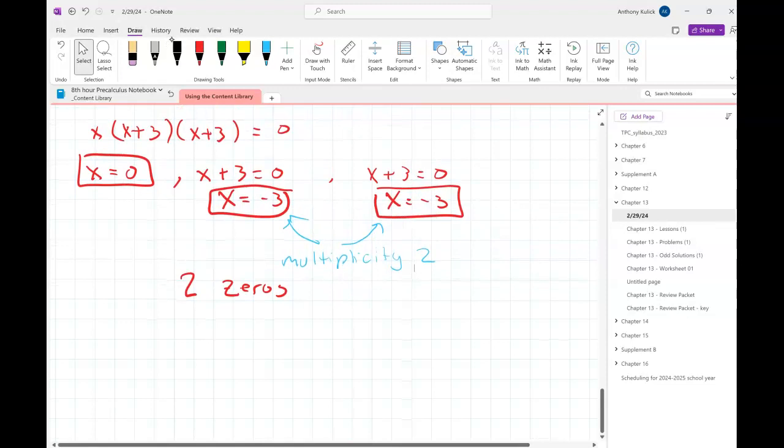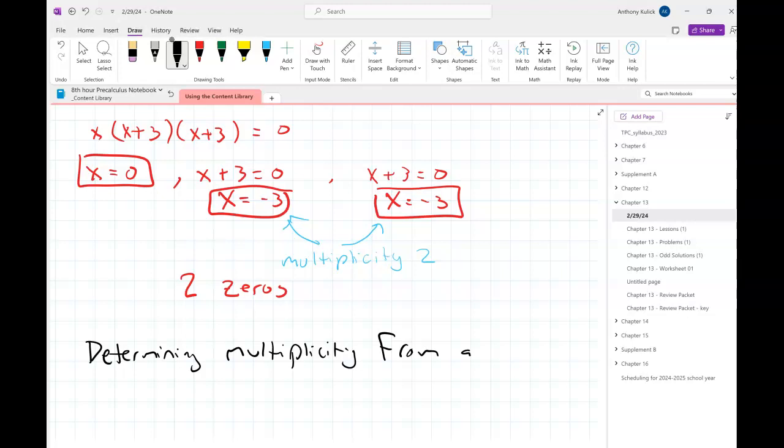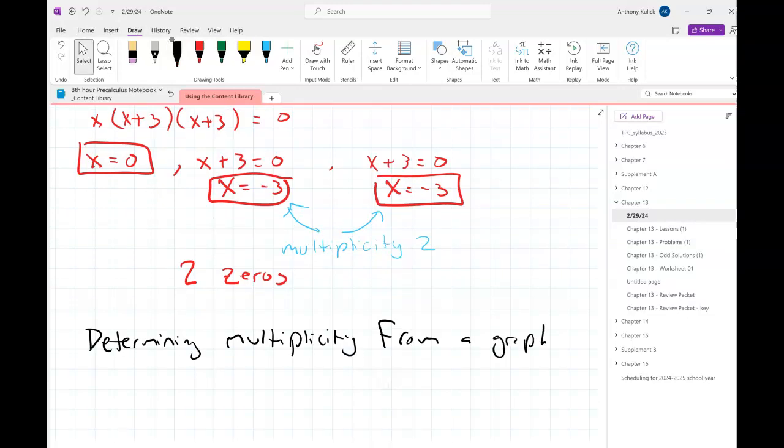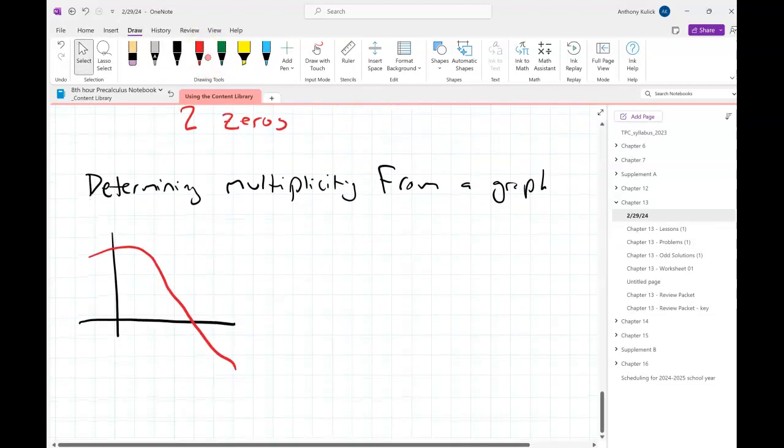One of the things that we're also going to be interested in is, can I look at the graph of my polynomial and tell which zeros are going to have multiplicities? So let's say that this is our graph.